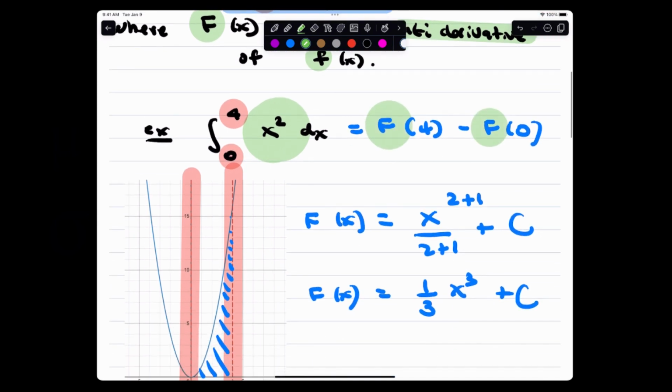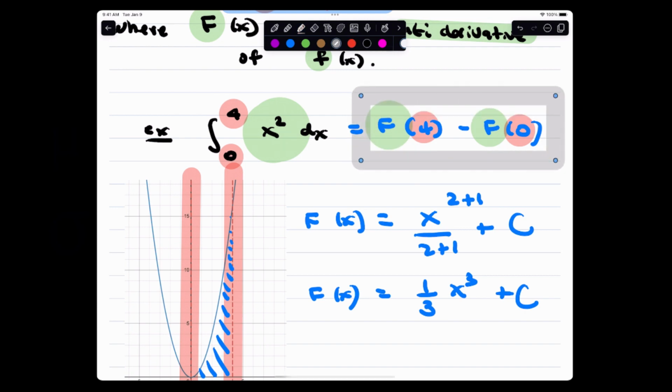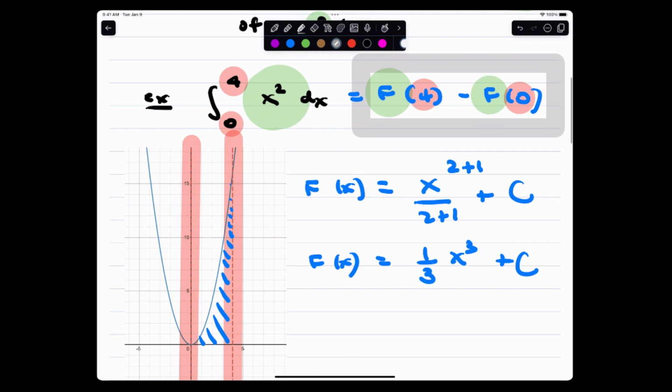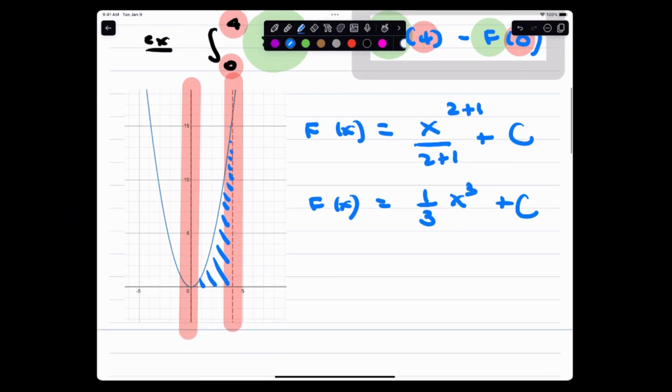But it's a little bit more than that. You say, why is that more? Because you're going to have to now do what? Plug in the upper limit of 4 and plug in the lower limit of 0. In other words, you guys have some arithmetic to do. So what is the antiderivative evaluated at 4, the upper limit?